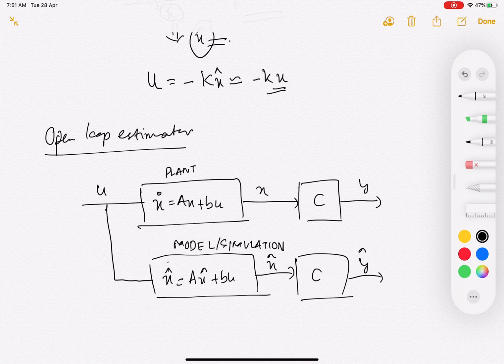So this is an open loop estimator. You give it the same input and it responds the way the plant responds, and you are able to get an estimate x hat.